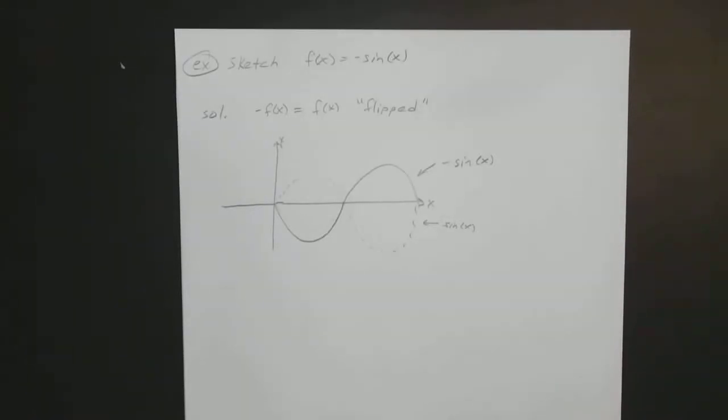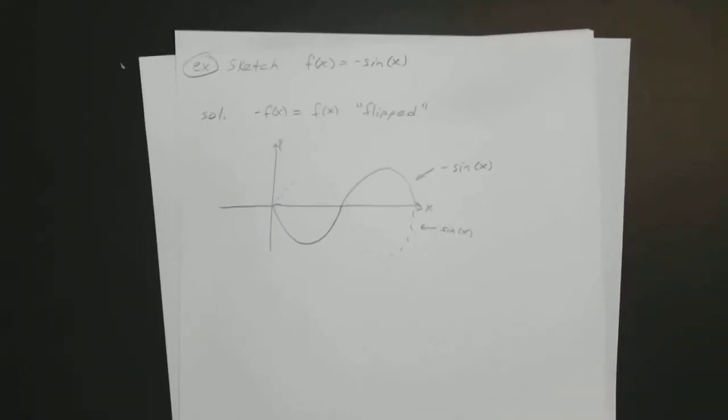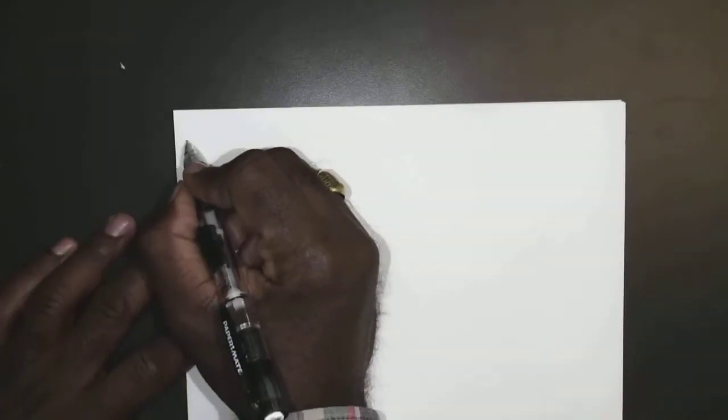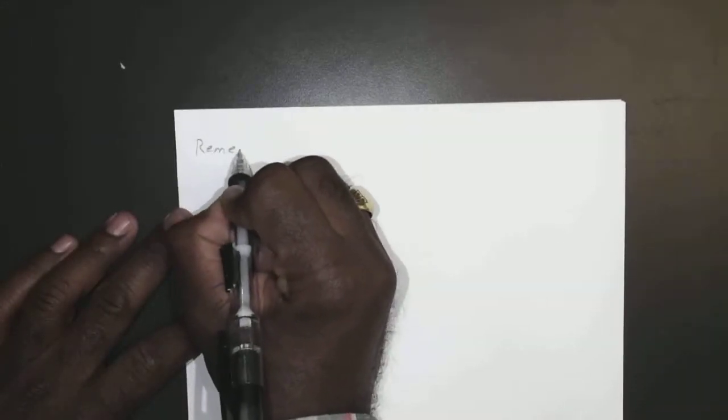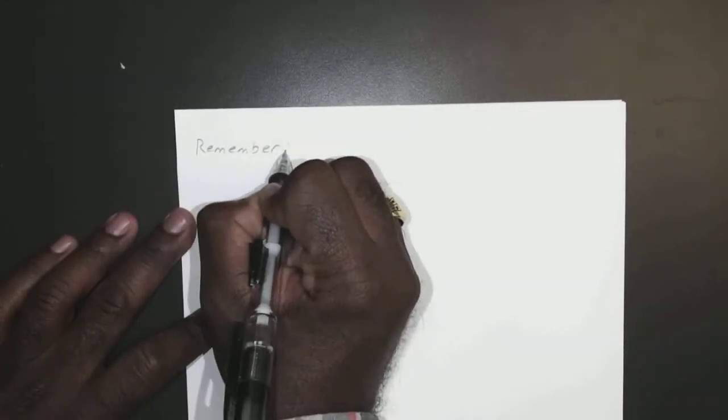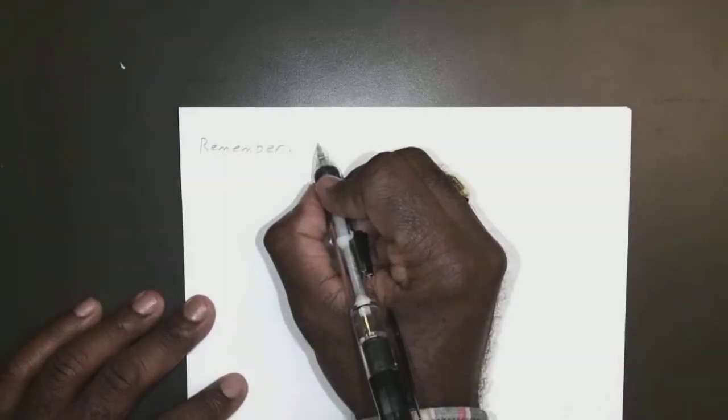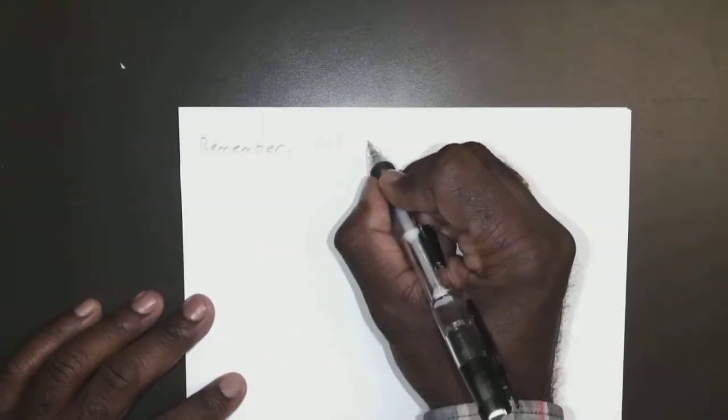Okay. So now let's scroll down memory lane to our stretching vertically and horizontally, or stretching and shrinking rather. So if you remember, and let's say we'll let A represent some real number.